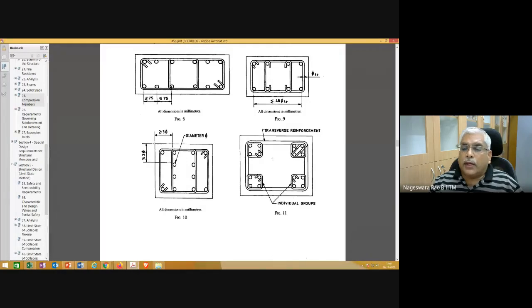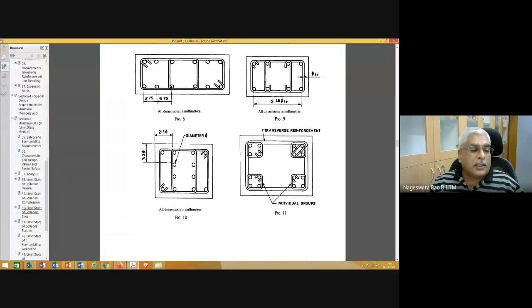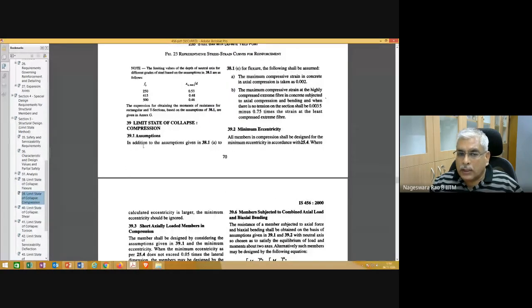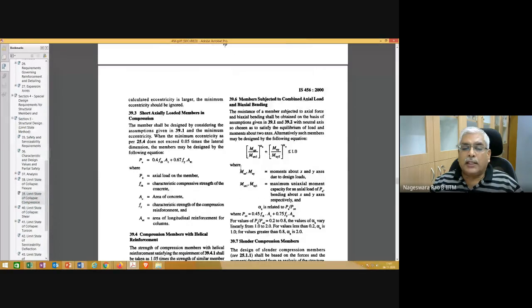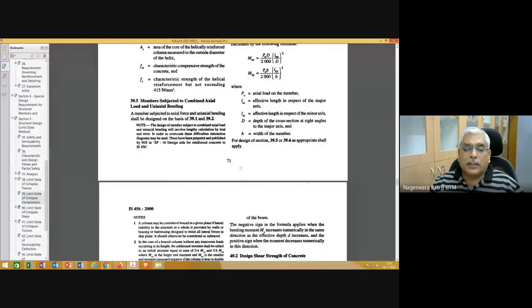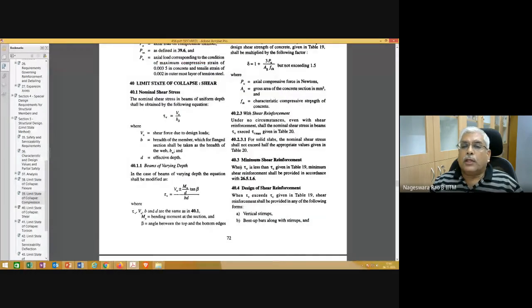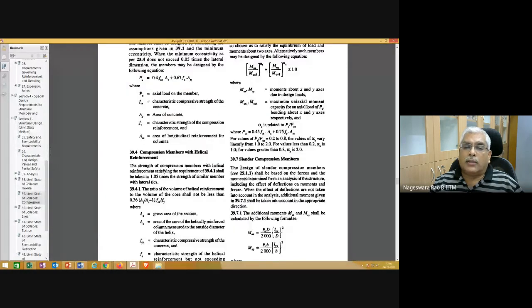So 48, 49, 50 gives you idea about the specification for the reinforcement and limit state of collapse under compression. Pages 70 and 71 and even part of 72 talk about the design details.